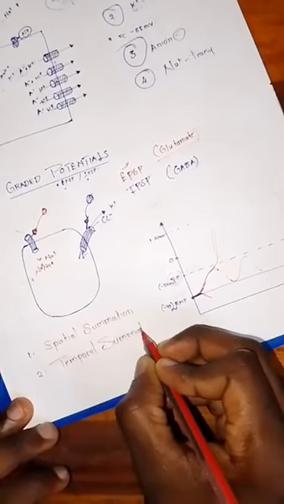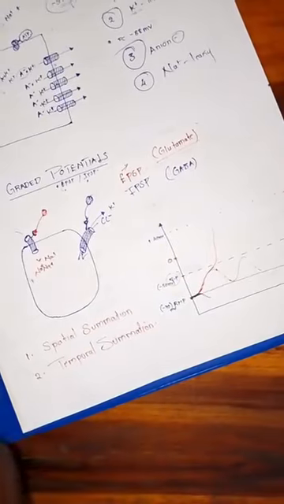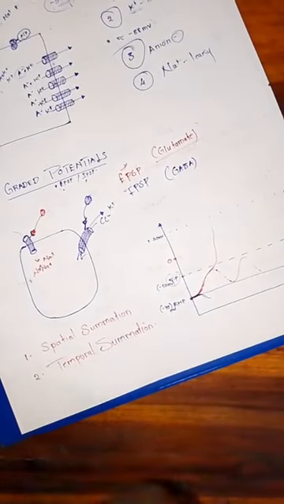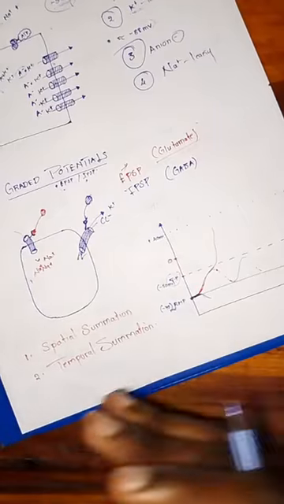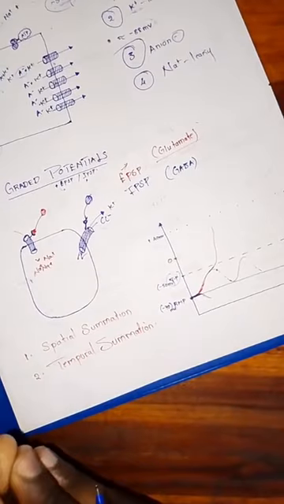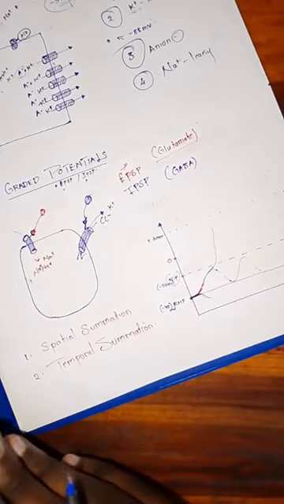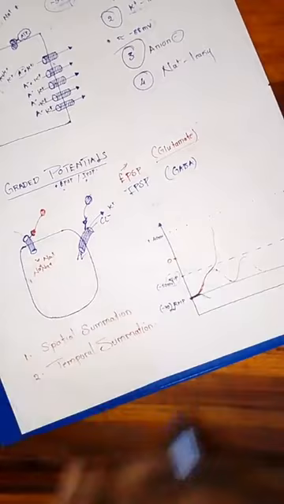What we have to know is that spatial summation involves multiple neurons stimulating one neuron at once, or simultaneously. They are going to be firing their stimulatory stimuli at once, and the effect of these stimuli is going to be added together and fire an action potential.